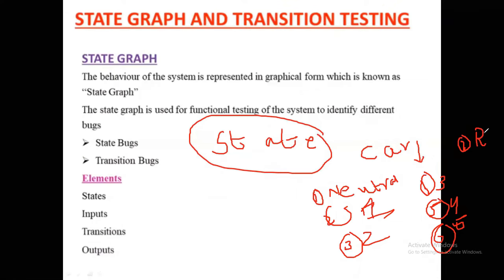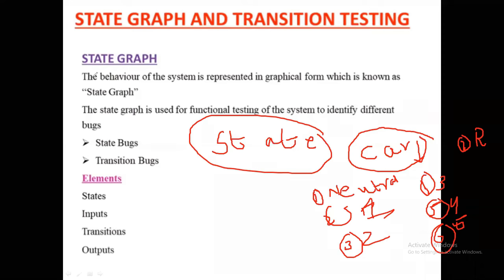That means the word state defines the circumstances or attributes that belong to a particular thing. So here the thing is the car. What are the different attributes or circumstances of this car? Maybe it is neutral and the state is changed to first gear, second gear, third gear, fourth gear, fifth gear, or reverse gear. Okay, so that is a state. So state is nothing but the attributes that belong to a thing or system.